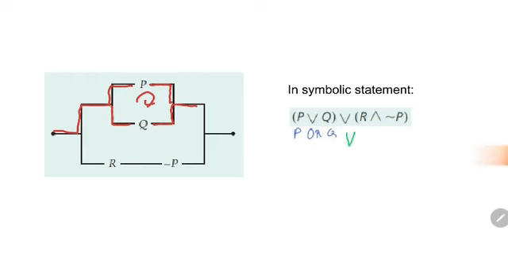Or the current can take this other path. But here it's an and, because both R and negation P must be closed for you to get from A to B. Since R and negation P are together in one branch, you put them inside the parentheses. Okay?